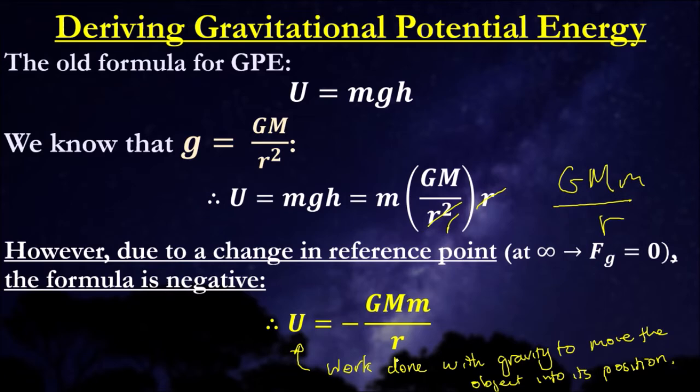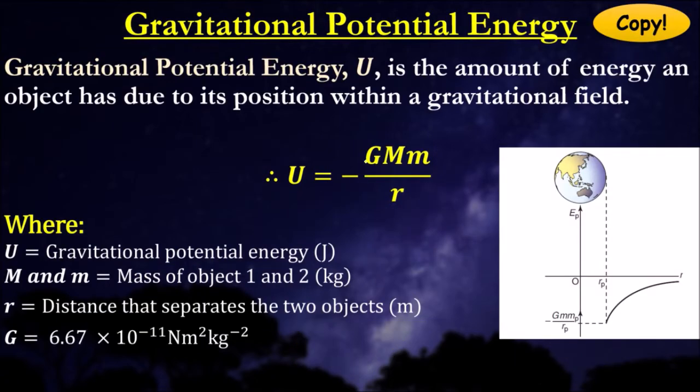So this is a simplistic view of why it's a negative value. But if you were to do the proper mathematical integrations and differentiations, you'll come to the same conclusion as well. Okay, so that gives us a nice little explanation of gravitational potential.